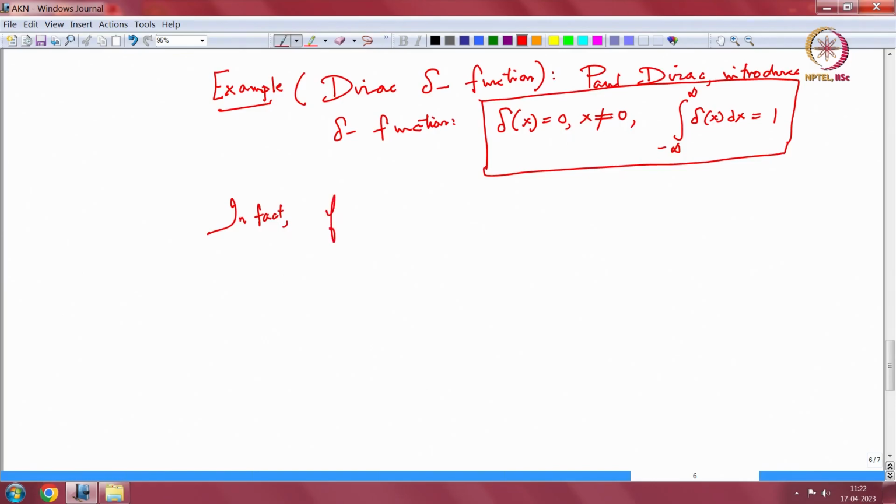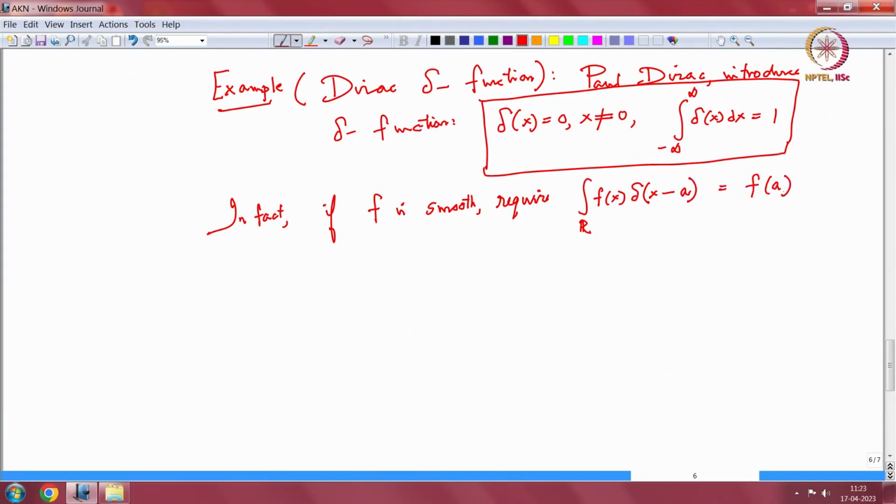If f is continuous or smooth, he required the integral from minus infinity to infinity of f of x times delta translated at a point a to be f of a.